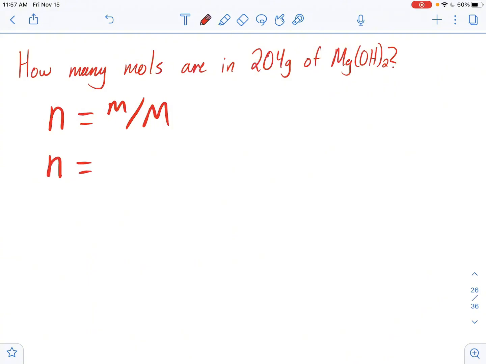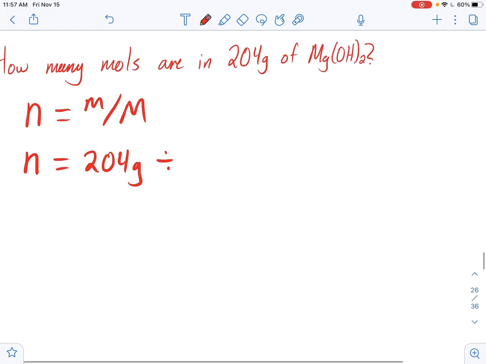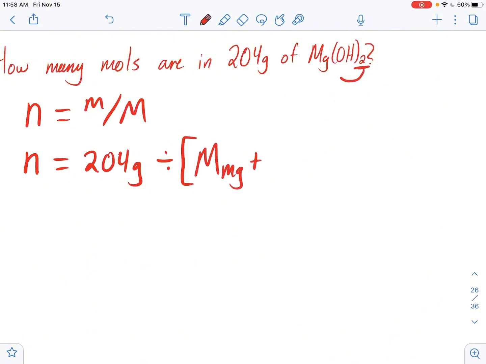So the number of moles equals 204 grams divided by, what is the molar mass of Mg(OH)2? Well, we have to go back to our periodic table, but it's going to be the molar mass of Mg plus 2 times the molar mass of oxygen plus 2 times the molar mass of hydrogen.